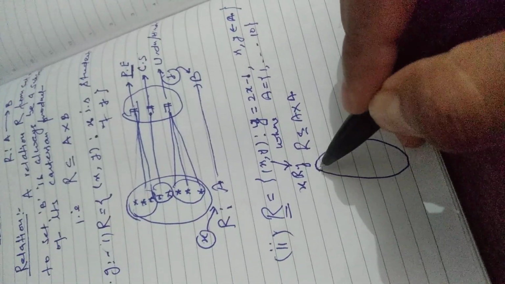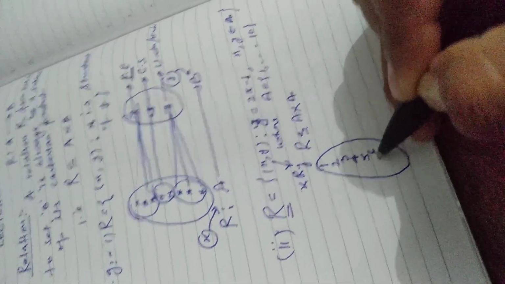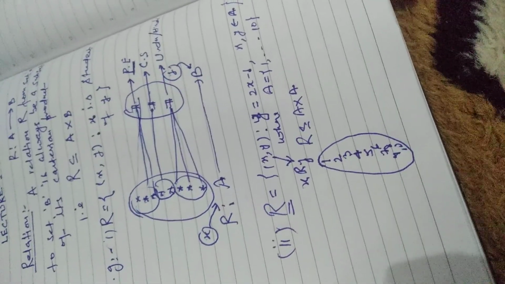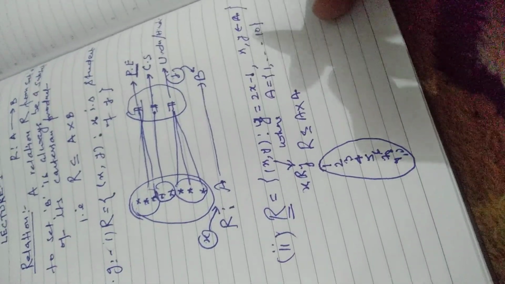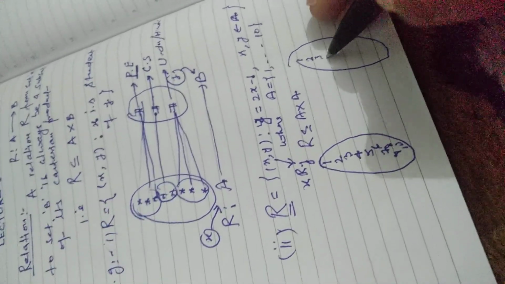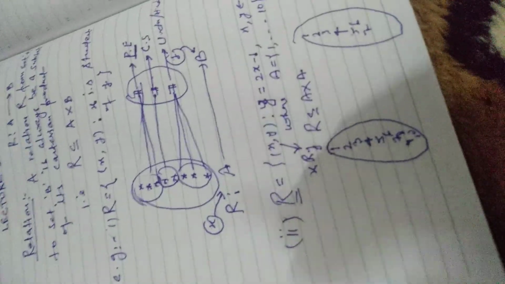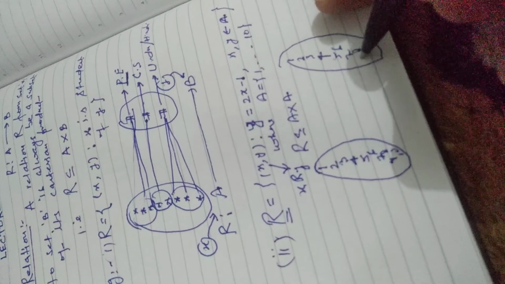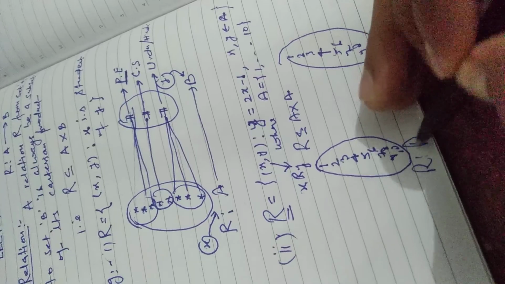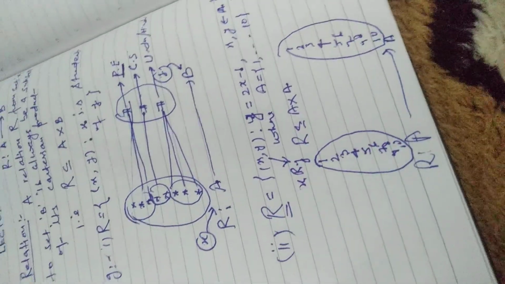How many elements in the domain? 1, 2, 3, 4, 5, 6, 7, 8, 9, 10. And in the codomain, again 1, 2, 3, 4, 5, 6, 7, 8, 9, and 10. These are the elements of A to A, because this subset must be of A cross A.